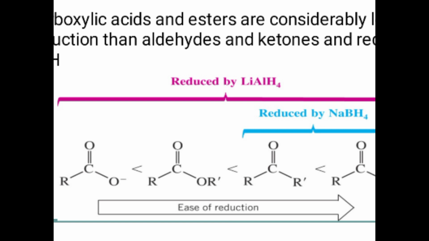And you know very well, the more stable, the less reactive in chemistry. Now the question is, which reducing agent will reduce: lithium aluminum hydride or sodium borohydride? Lithium aluminum hydride is a powerful reducing agent, as we know that it reduces all functional groups directly into alcohol.